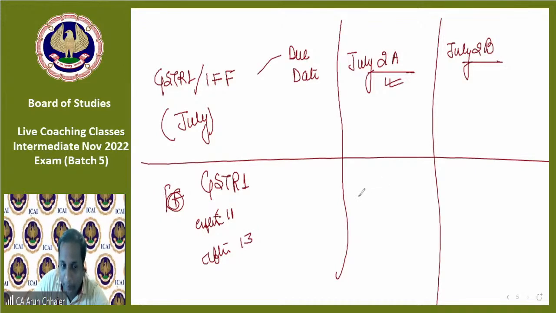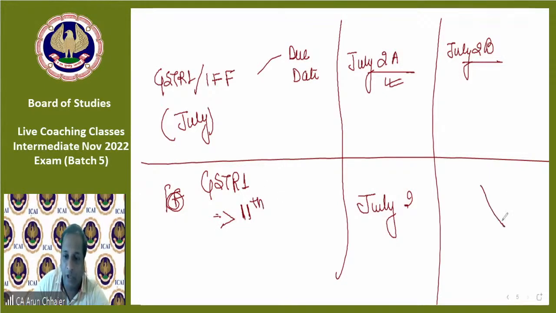Then it will appear in the same month in the GSTR 2A, but it will not appear in the GSTR 2B.